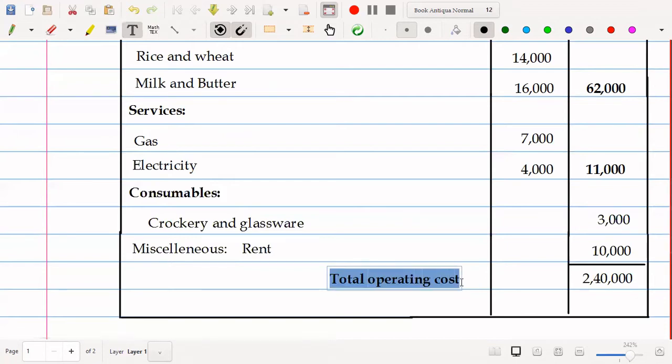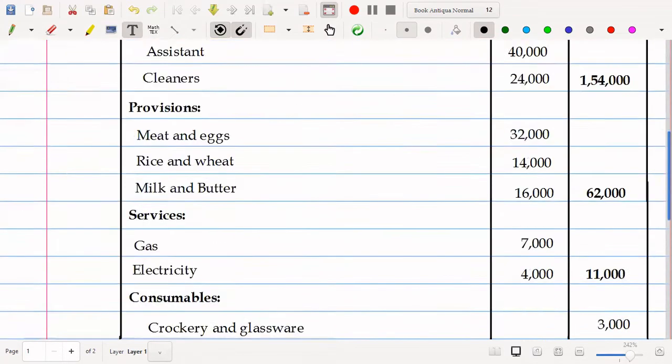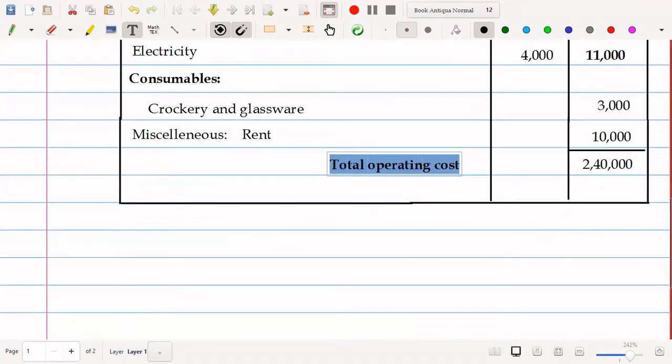Next we have to see what is the cost per what they have asked in the problem. Total cost and cost per meal. So we'll do it now. Cost per meal. Before going to this, let's write the formula.